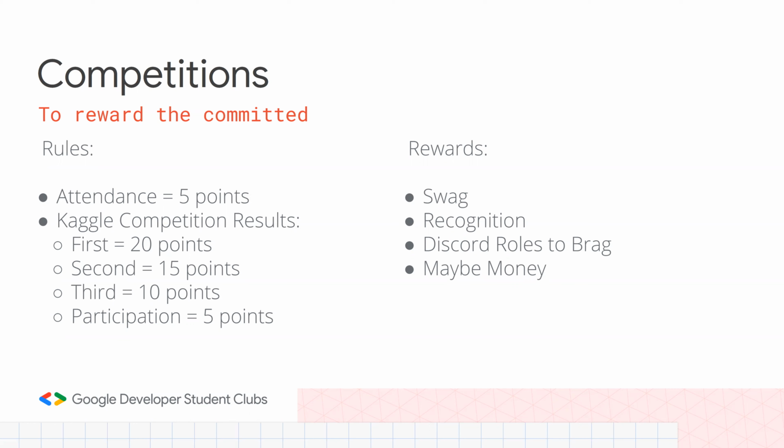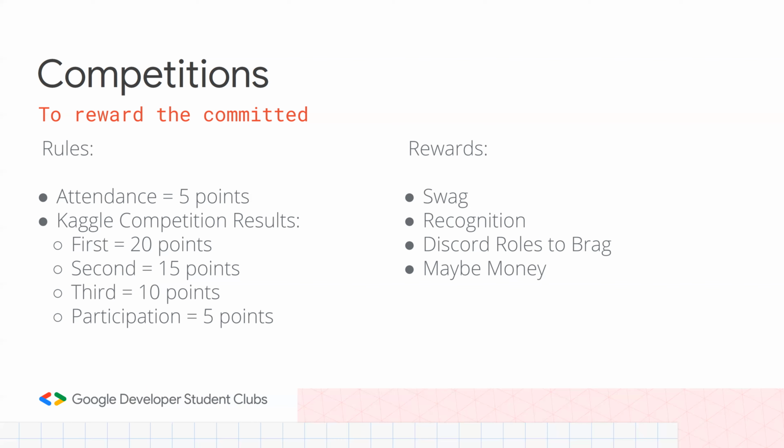And for these Kaggle competitions that we're going to do, there's going to be a couple tiers. First, second, third: 20, 15, and 10 points respectively, and participation 5 points. And whoever has the most points in the end, maybe we'll look at the top 5 people, we'll get swag, recognition, Discord roles to brag, and maybe even money.